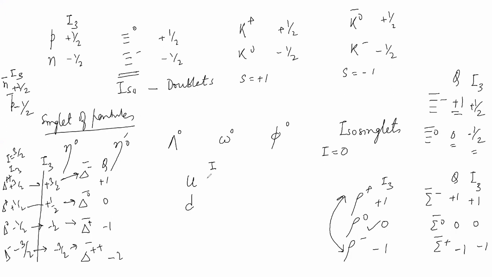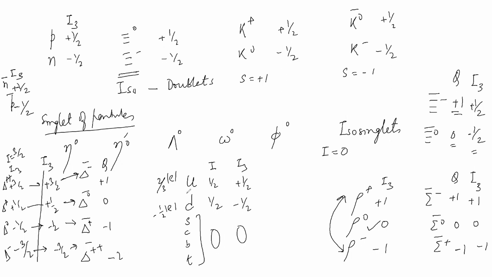Therefore, the charge of U quark is 2 by 3 times electronic charge, and D is minus 1 by 3. Therefore, we assign half to them, and plus half and minus half to these U and D quarks. For all the other particles, we assign isotopic spin 0.